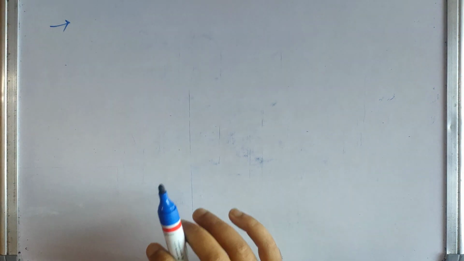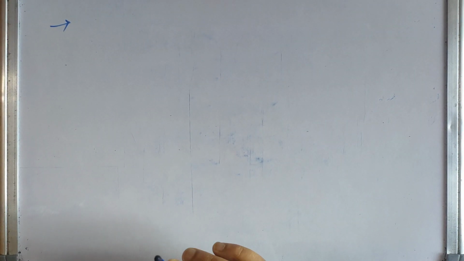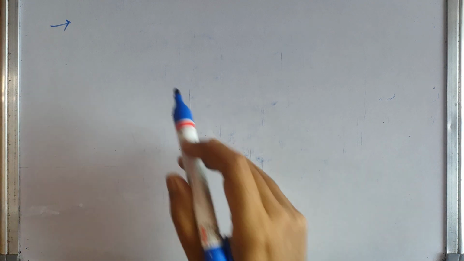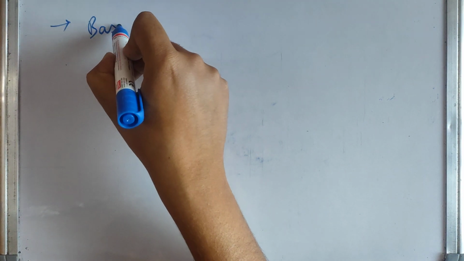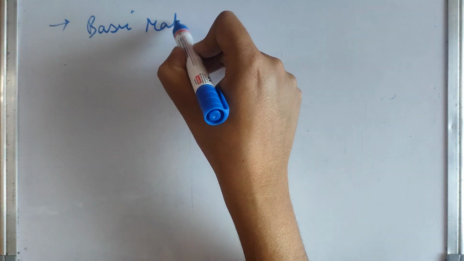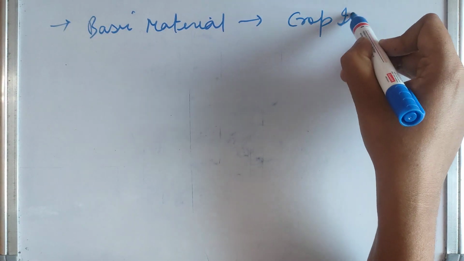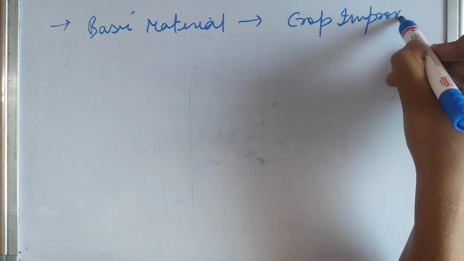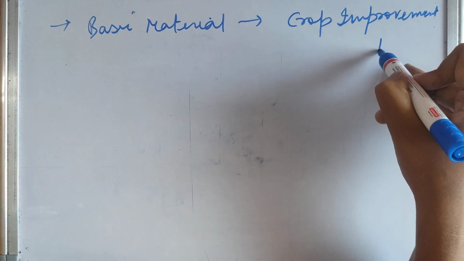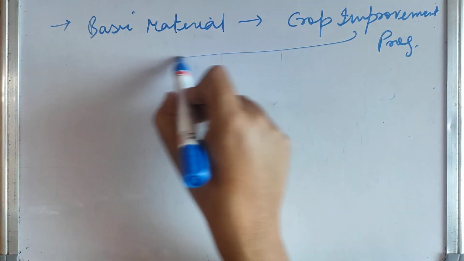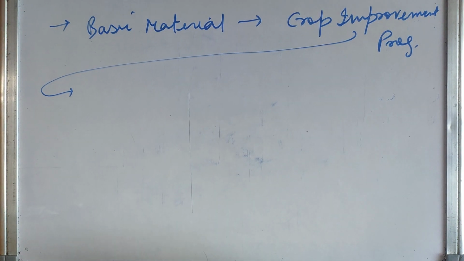Moving on to the next importance of its conservation. It is basic material for launching a crop improvement program. There are four methods we basically use in crop improvement.